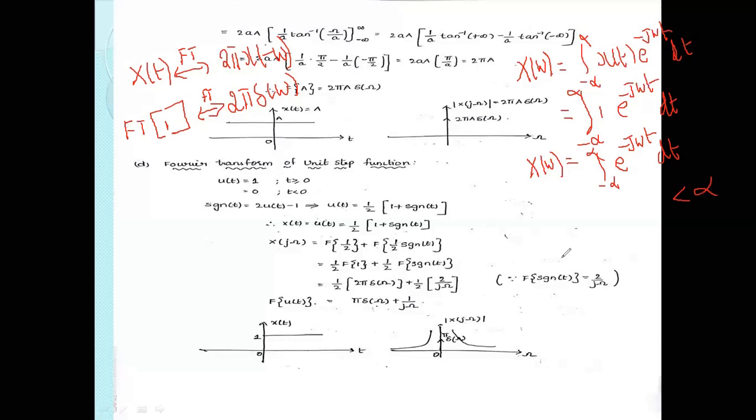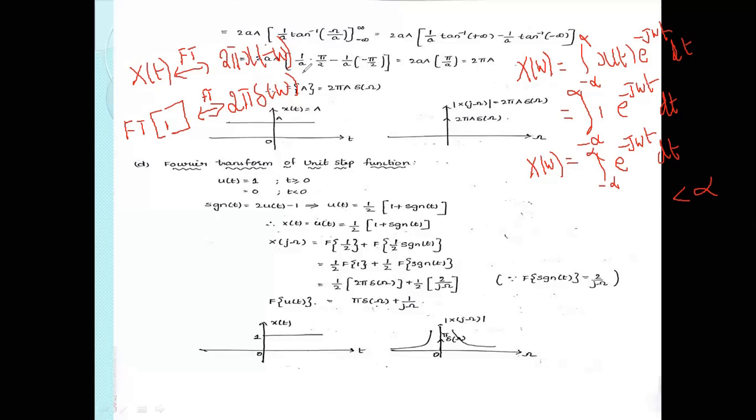So by the indirect method, the Fourier transformation of x of t is 2 pi into x of minus omega. That is the interchange of the signals: interchange omega as t and t as omega.